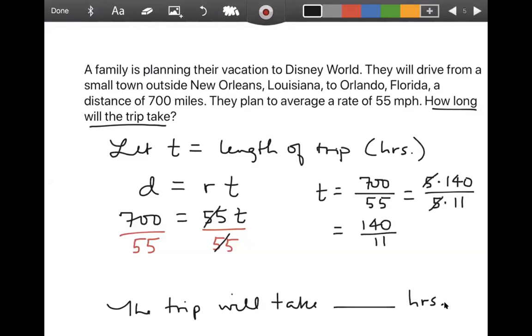To convert that into a mixed number, you would do 11 into 140. 11 into 14 goes once. 1 times 11 is 11. 11 into 30 goes twice, with a remainder of 8. So what that means is this answer as a mixed number is 12 and 8/11.